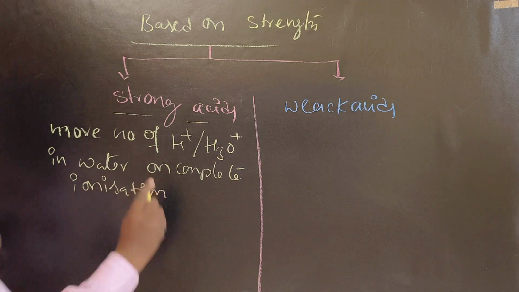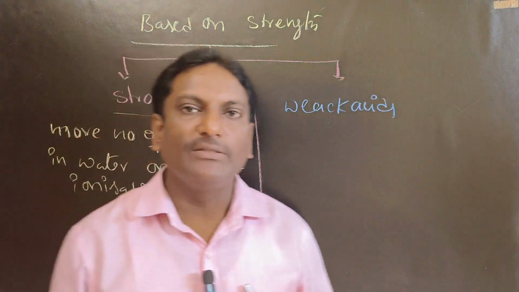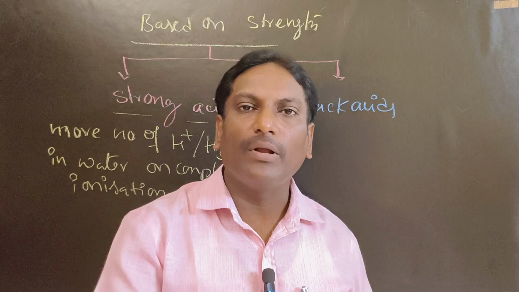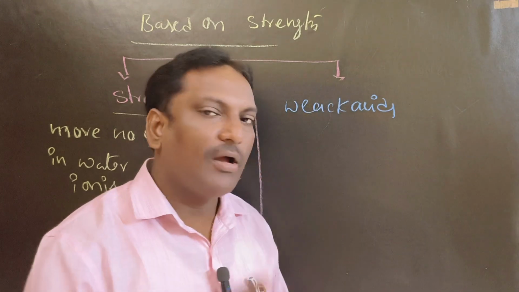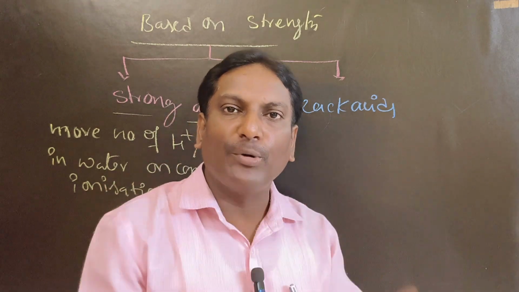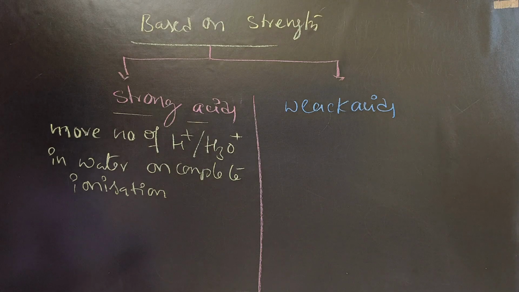Make a note of it. Complete ionization is called strong acid. Strong acid means those acids are ready to produce more number of hydronium ions when they are dropped in water, on complete ionization, completely dissociated, completely broken down. So these are called strong acids.